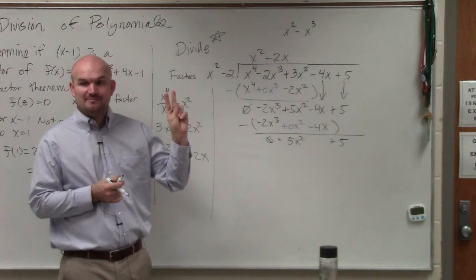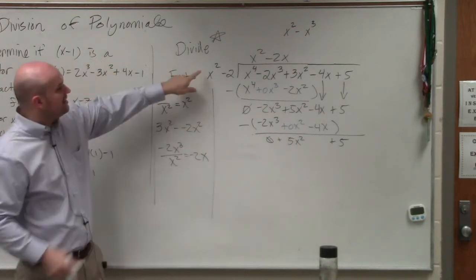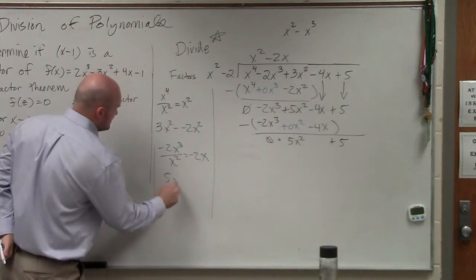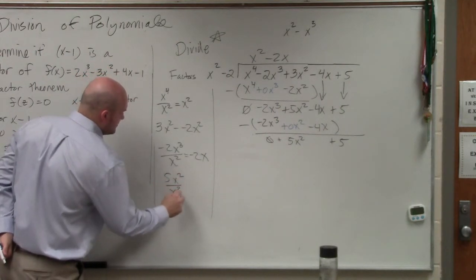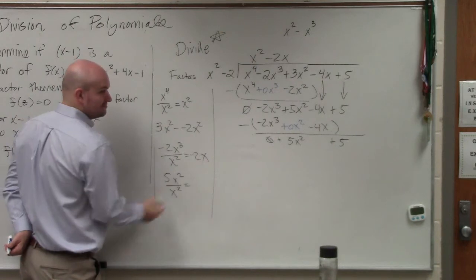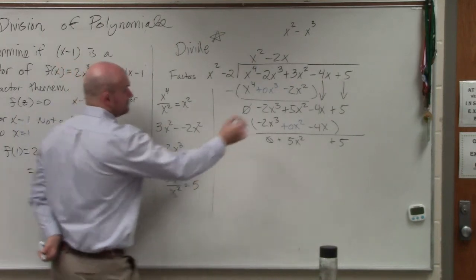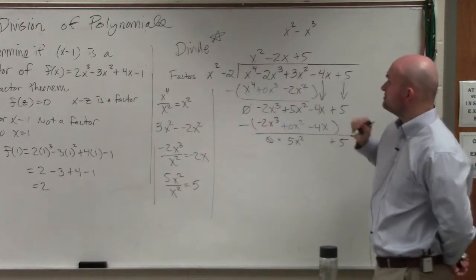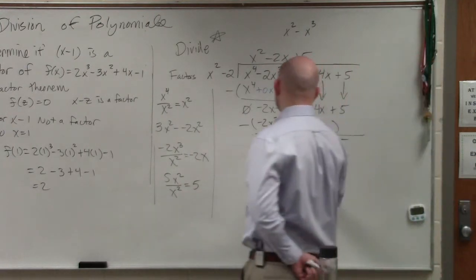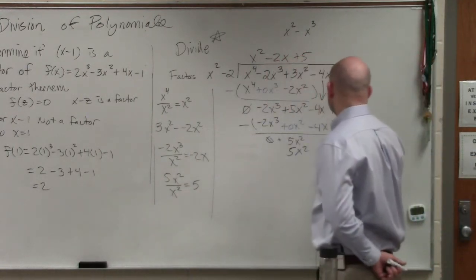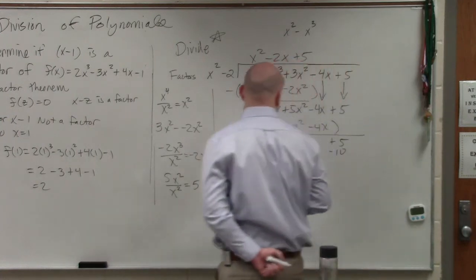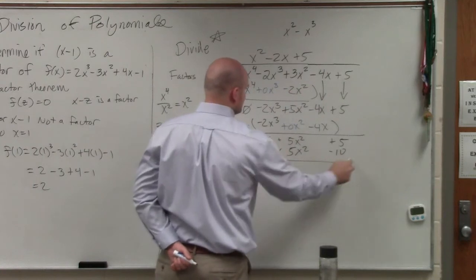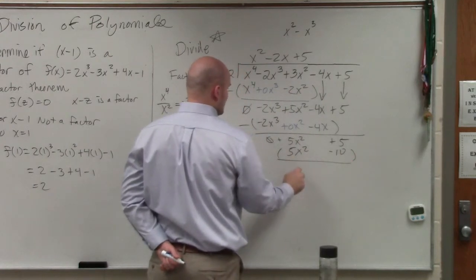Can we do it a third time? Yes, we can, because x squared divides into 5x squared. How many times does x squared divide into 5x squared? 5. Put 5 up here. Multiply 5 times both terms. 5 times x squared is 5x squared. 5 times negative 2 is a negative 10. And we subtract, so we get 0.